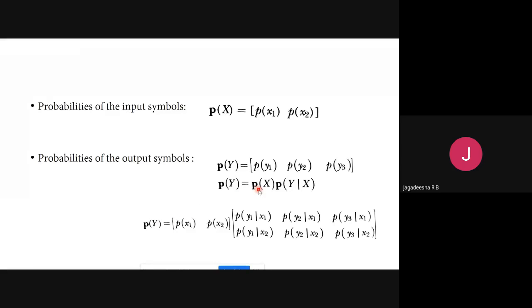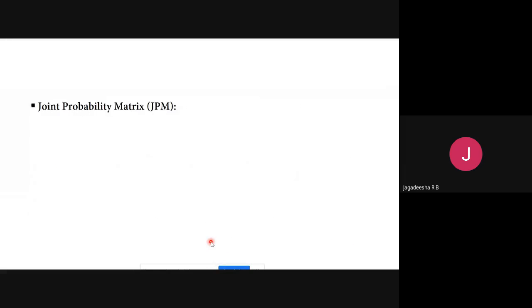What's probability of x? That is this, right? Multiplied by this term, the channel matrix. That is probability of y1, probability of y2, probability of y3 for a specific input. As for the second input, what's the probability of getting these three outputs? Conditional probabilities.